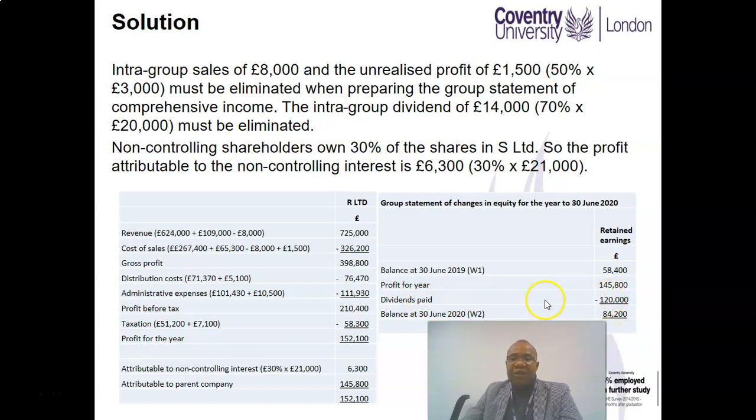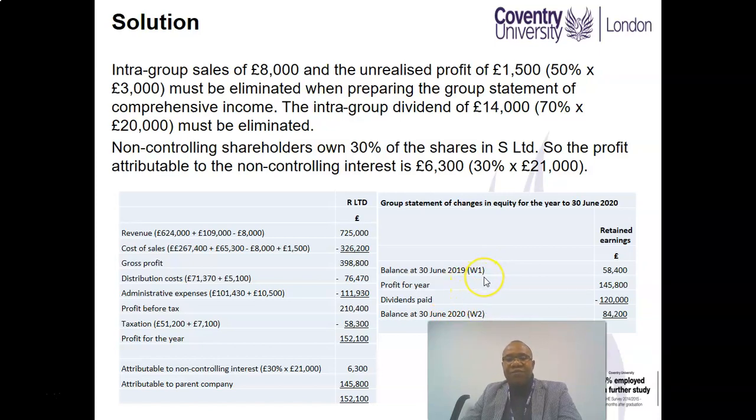If we deduct that, the final balance is 84,200. This is the figure that goes to the retained earnings section of the consolidated statement of financial position. Let's look at the two workings: the workings for the retained earnings brought forward and the retained earnings carried forward.